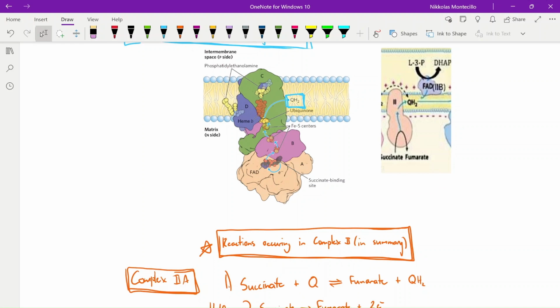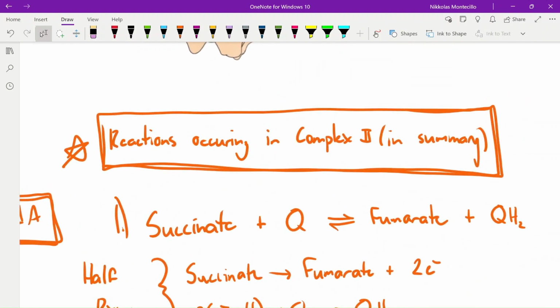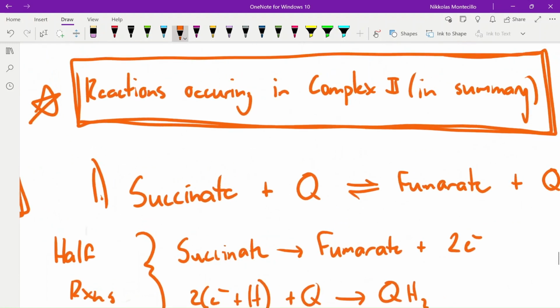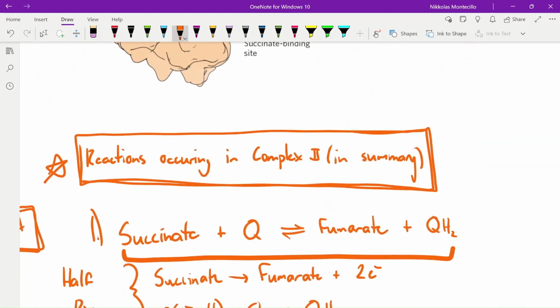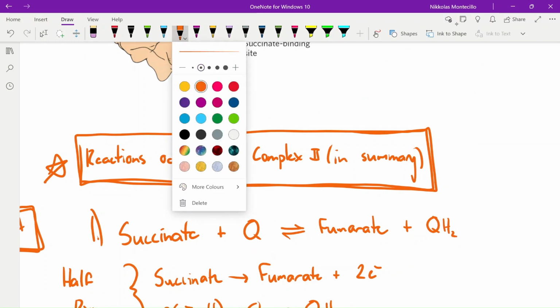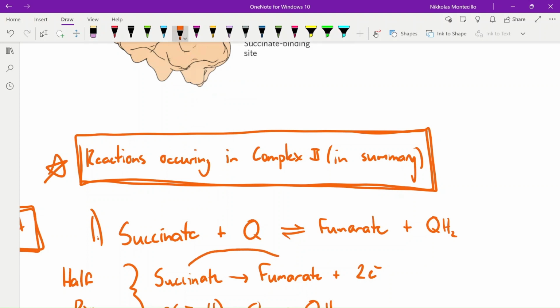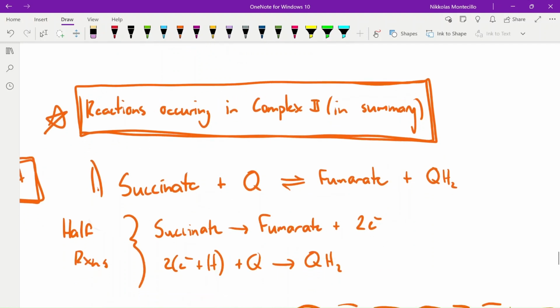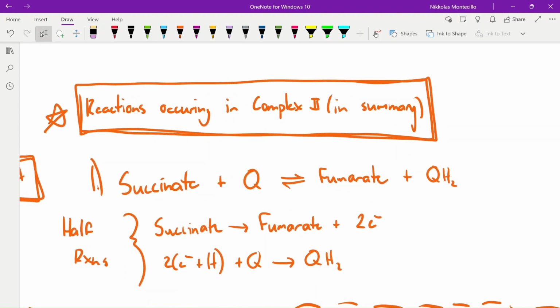QH2, and remember when I showed you the electron carriers, or the types of redox reactions that occur? These are the half reactions that characterize this overall reaction, where succinate is the one that's being oxidized, and the product here is fumarate, which participates in the next step of the citric acid cycle.